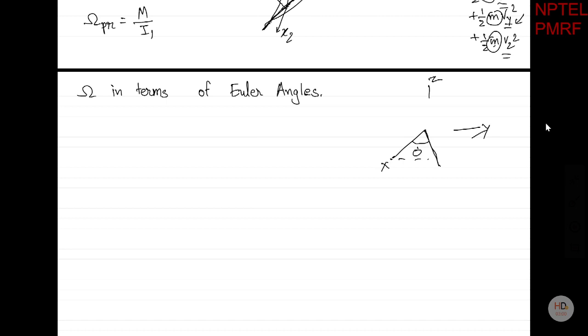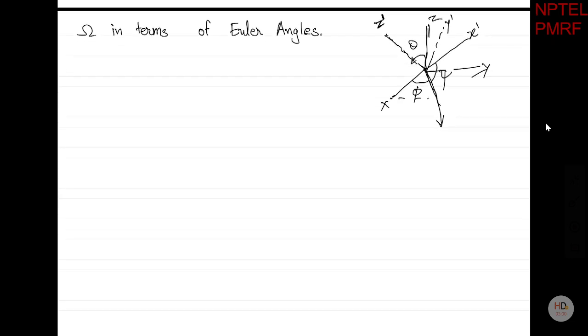This angle we called phi. Then you rotate about this nodal line by some angle which we call theta, so that your z prime is set up. Then you rotate about z prime so that you get the correct x prime, and in doing so we get the correct y prime as well, because they have to be perpendicular following the right-hand thumb rule.